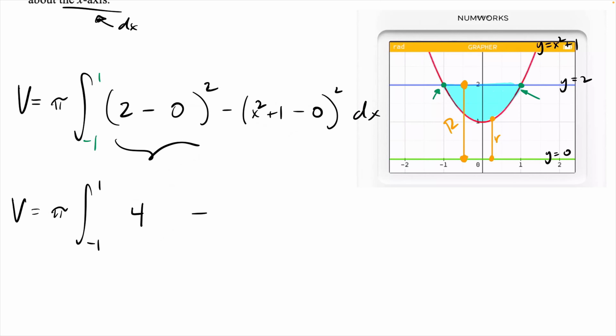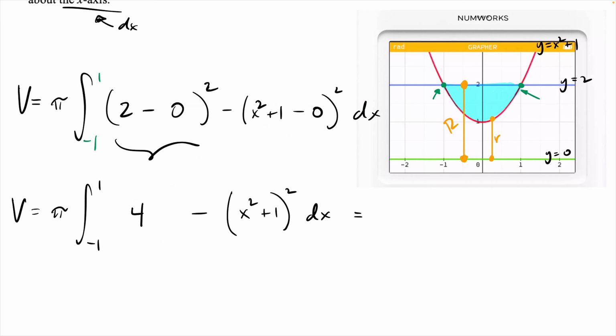And then I know what x squared plus 1 minus 0 is. X squared plus 1. That is a lot easier to put in than the first one. They're both right, but I see this a lot. I see, it's not working, Mr. Flores. Simplify it, right? Simplify before you put it in.